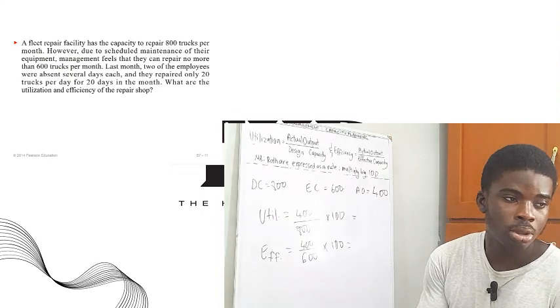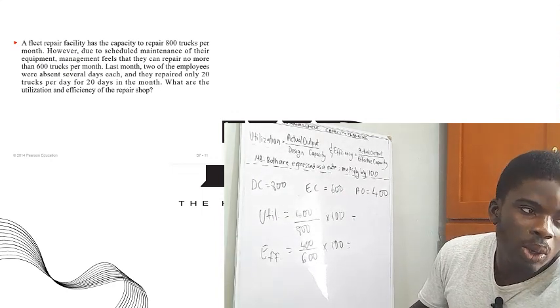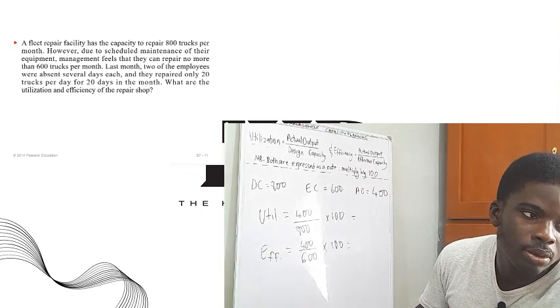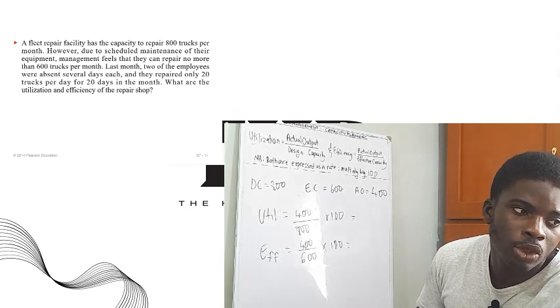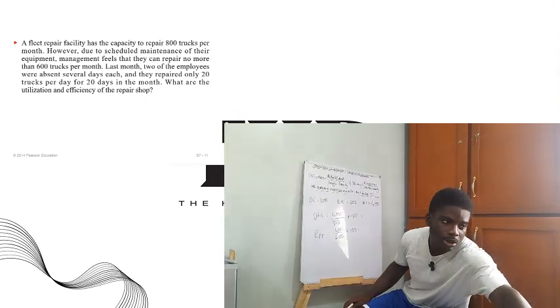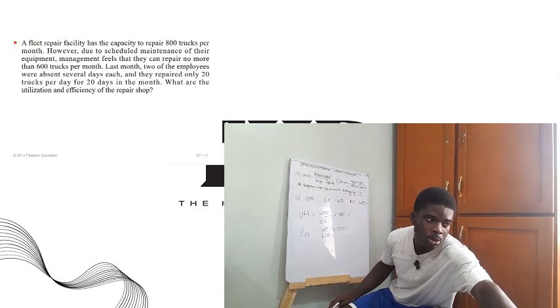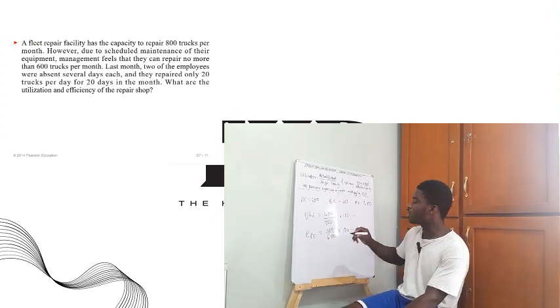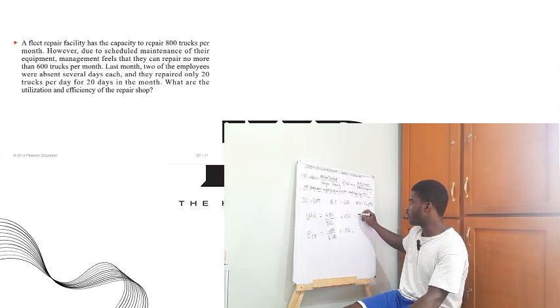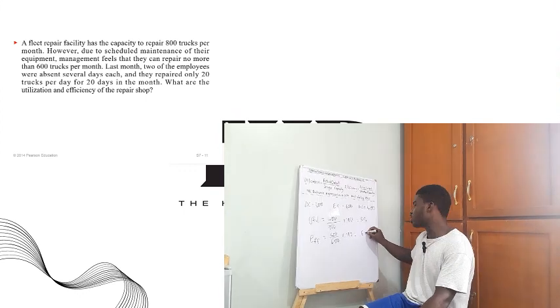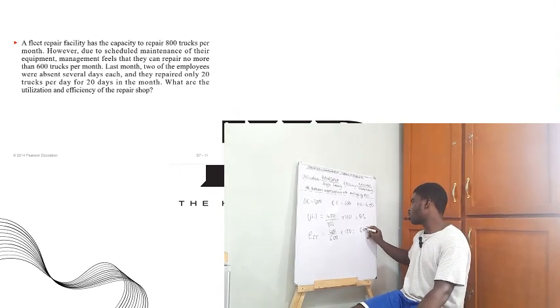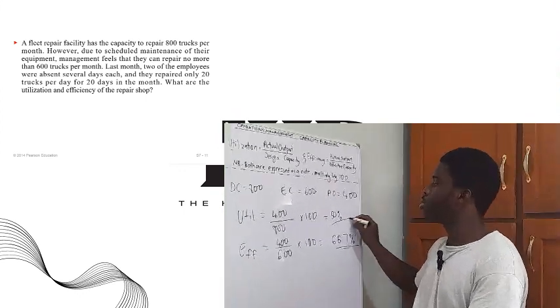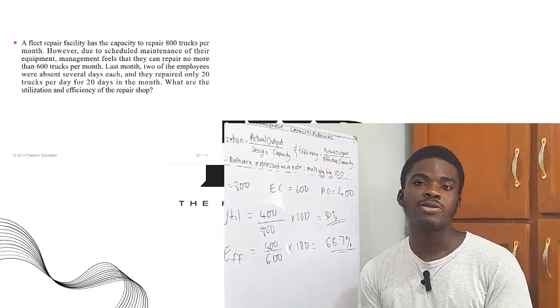So what does that give us? When you get to that point, the utilization gives us 50%, obviously. And the efficiency gives us 56.7%. Right. So that is for utilization and efficiency.